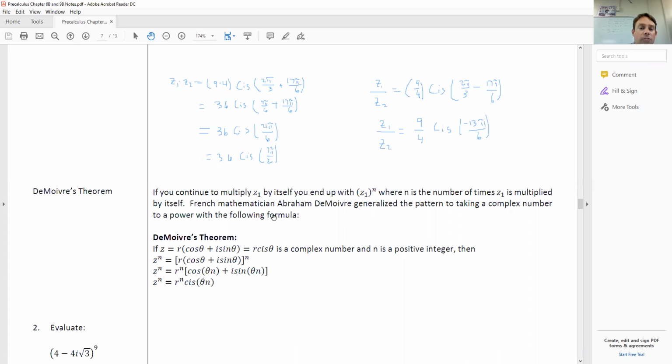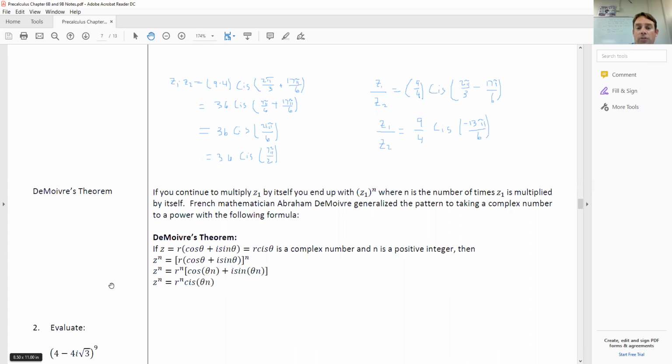A French mathematician named Abraham DeMoivre noticed this pattern. When you do this over and over again, it's the same thing as taking the modulus to an exponent and then multiplying the argument, or the angle, by that exponent.